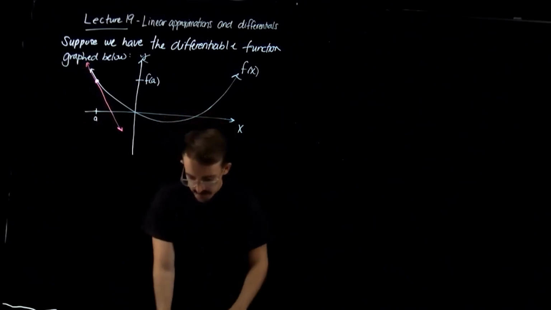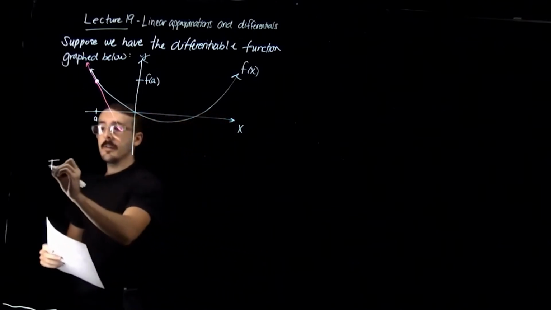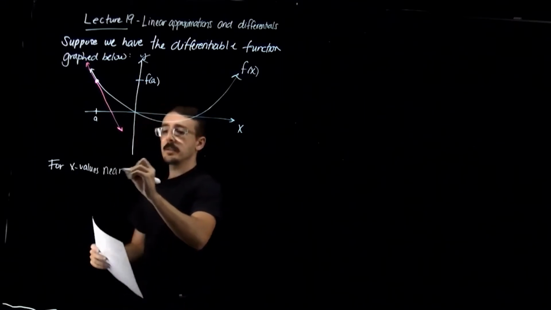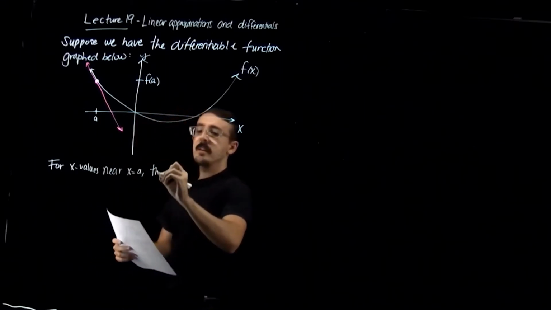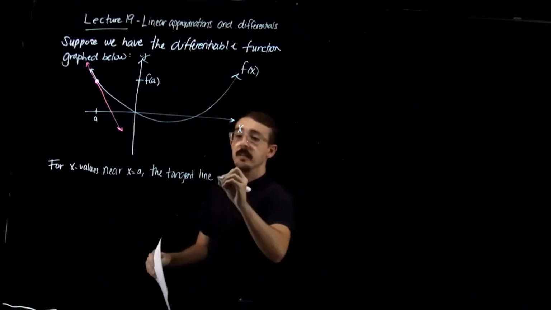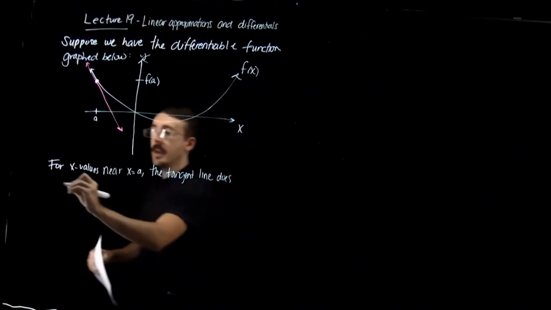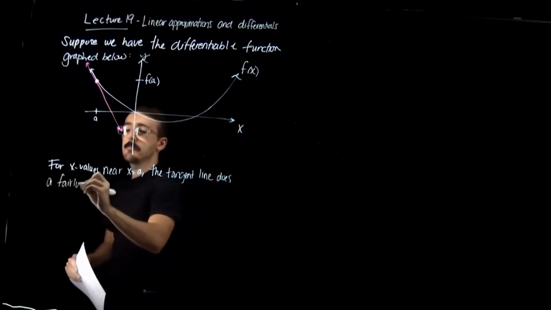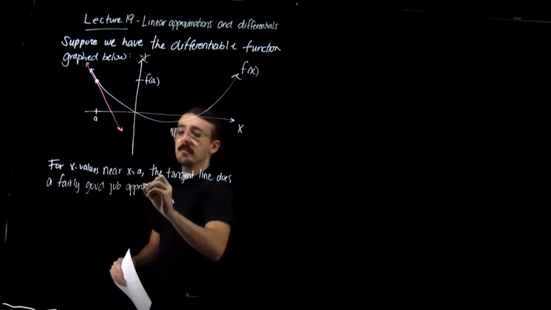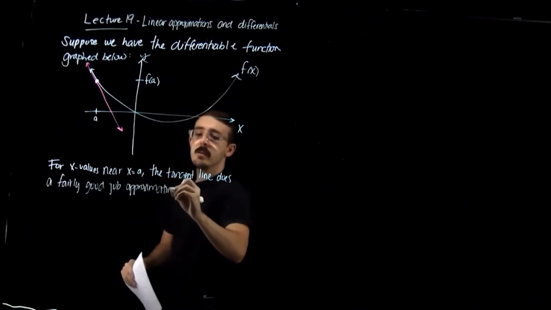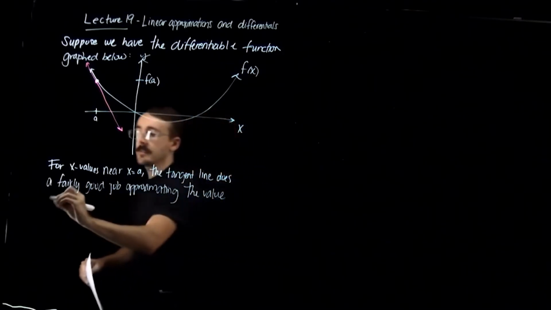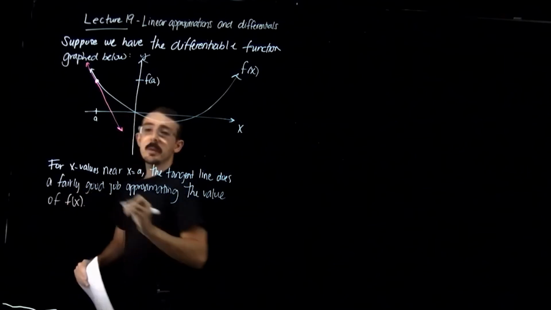So notice for x values near x equals A, the tangent line, so the pink line, does a fairly good job approximating the value of f of x. And here's what I mean by that.